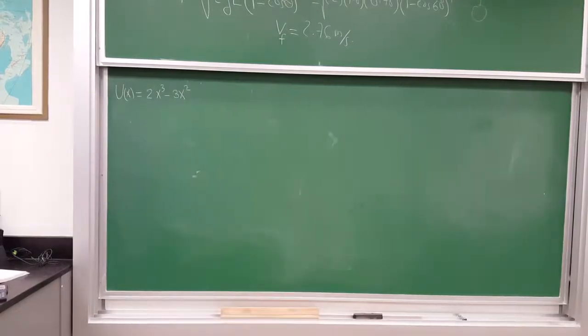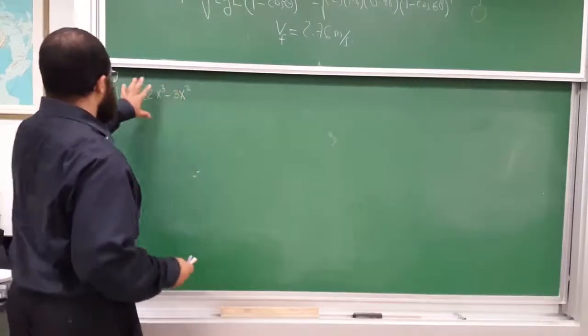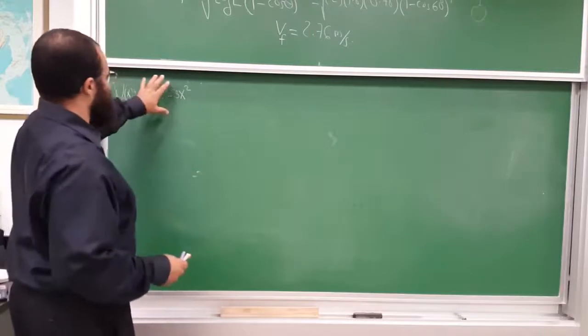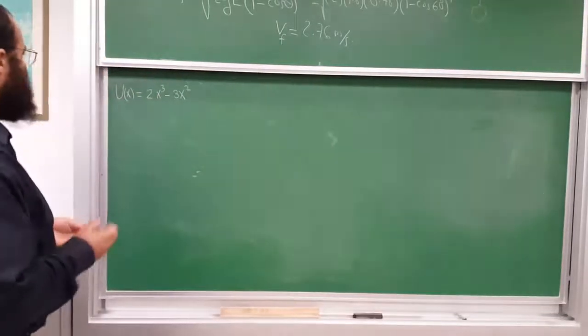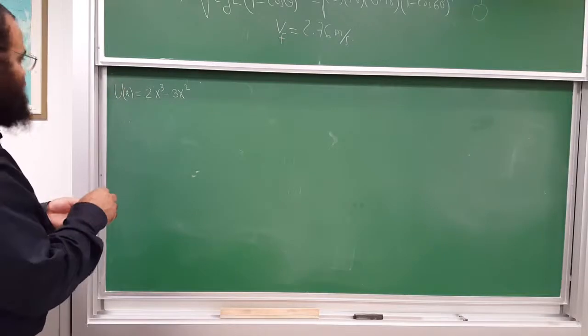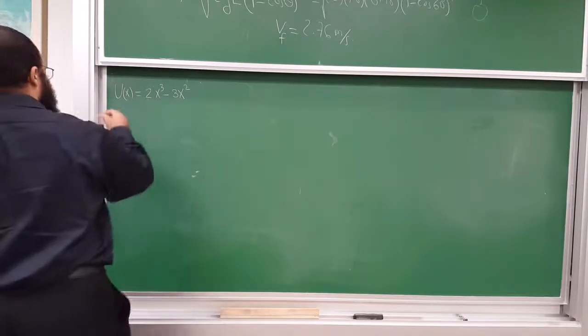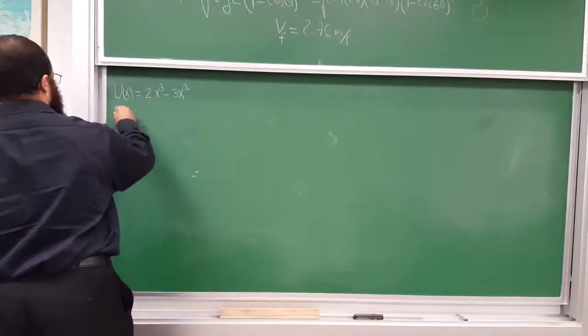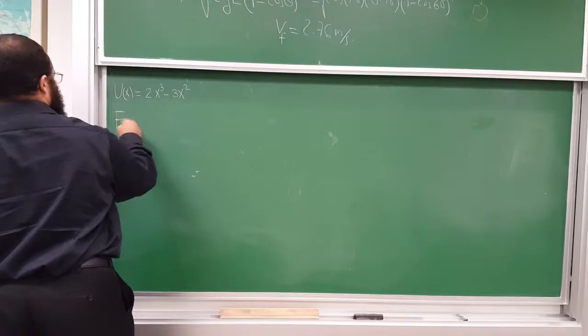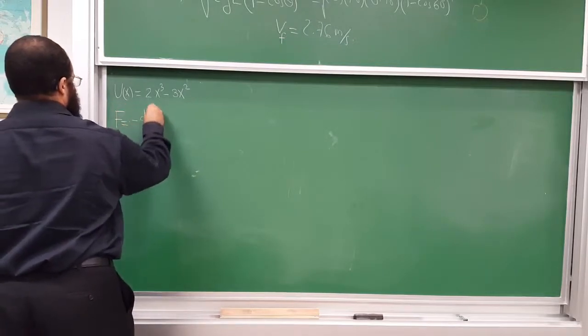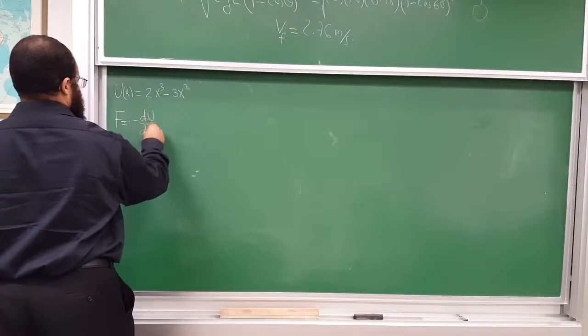Before I end this segment, let me consider this potential. Suppose the potential energy of an object is this. The question is, first, what's the force on the object? Well, the force on the object is negative dU/dx.